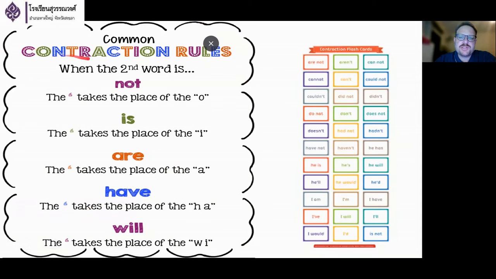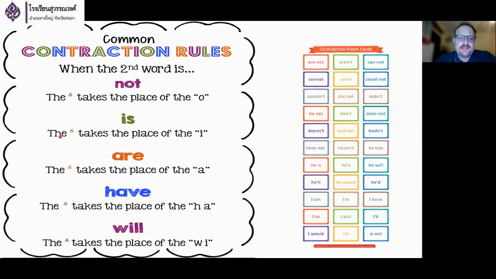Common contraction rules. When the second word is not, the apostrophe takes the place of the O. The O becomes the apostrophe.